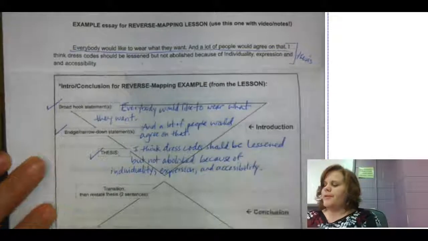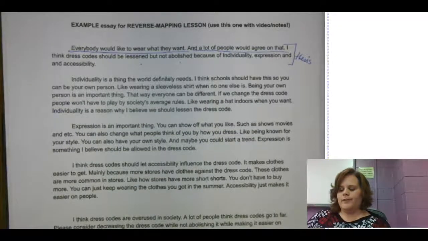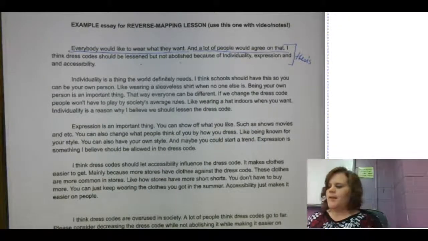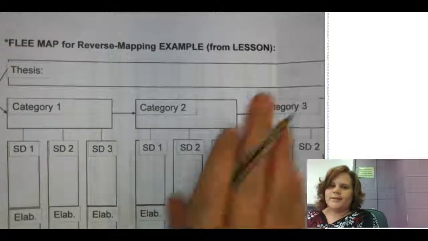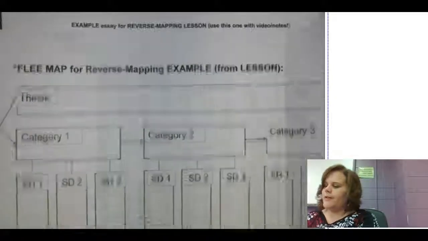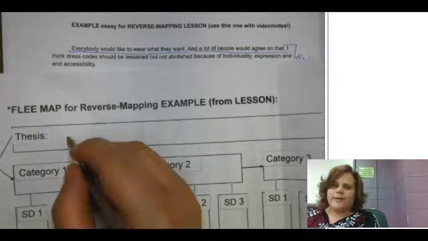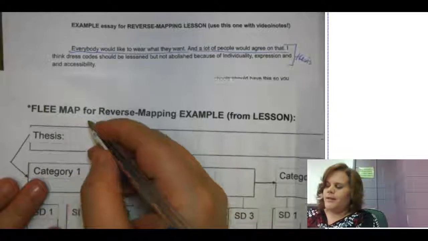Next, we're going to move on, and this is where you need the flea map. Just a little reminder that we should always go ahead and put our thesis on here to make sure we have our correct thesis. So remind yourself what the thesis should be.